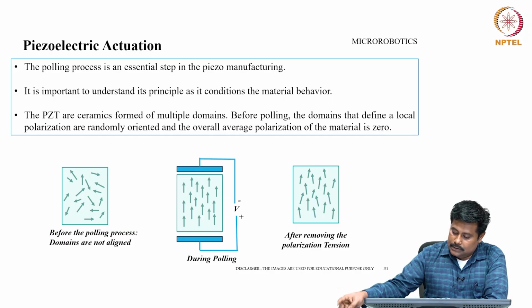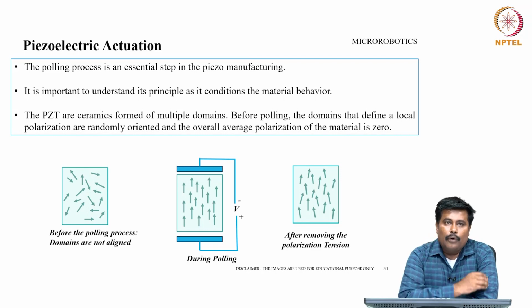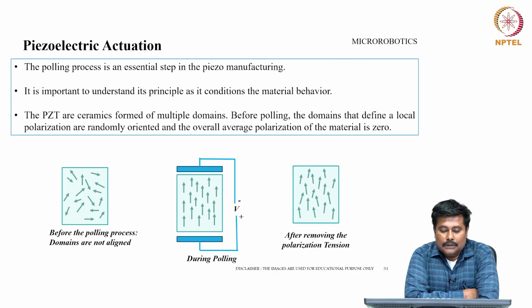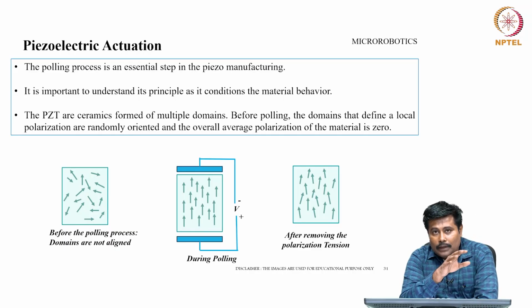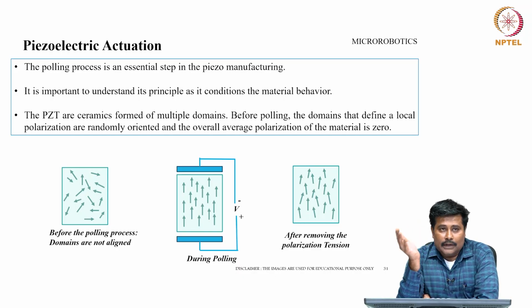Now, as far as piezoelectric actuation is concerned, the concept of poling comes into play. The poling process is an essential step in piezo manufacturing, and it is important to understand the principle as it conditions the material behavior. It is helpful for tuning the material based on our requirements or the overall functionality.